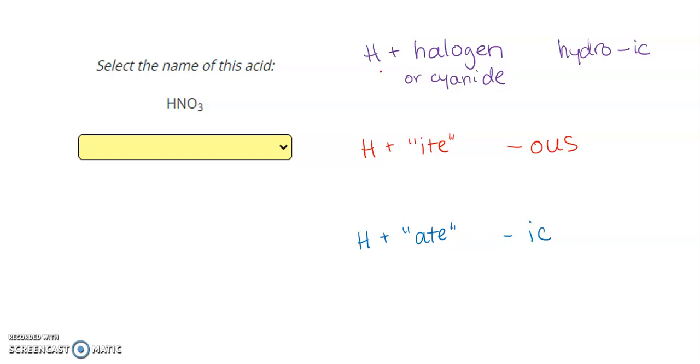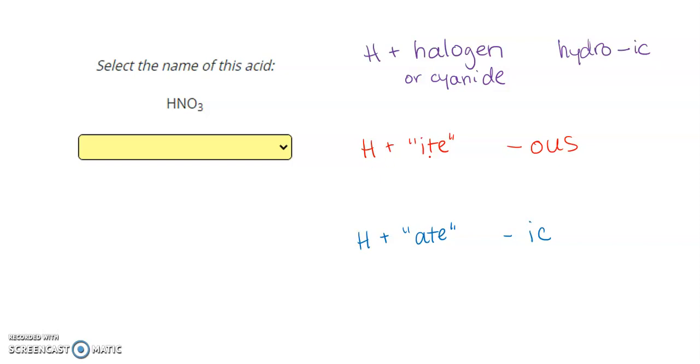If you have H stuck to a halogen or cyanide, so if there's no oxygen in the acid, then you would name it using the prefix hydro, the root of the acid name, then you stick ic on the end, and then write acid. For example, hydrochloric acid.